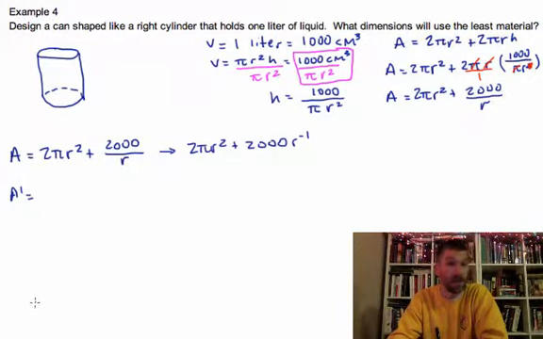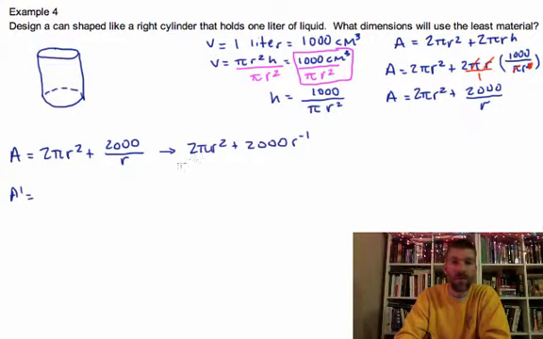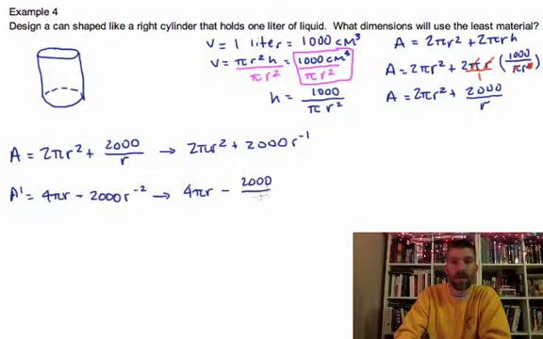Remember that pi is constant. He doesn't change. 3.14, he never changes, never has, never will. So the derivative becomes 4 pi r minus 2,000 r to the -2, or 4 pi r minus 2,000 over r squared.